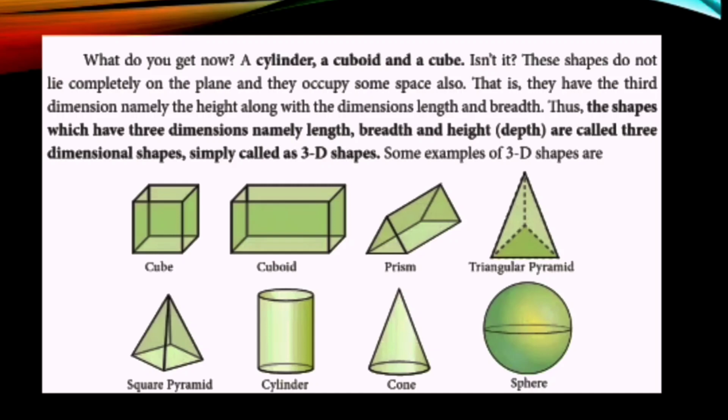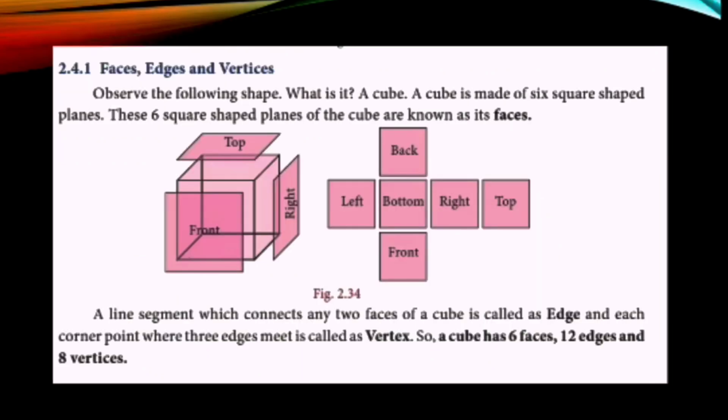You might have seen gift boxes in a cuboid shape, cylindrical shaped bowls, an ice cream cone, and a sphere represents a cricket ball or a football, right? These are the examples for 3D shapes.